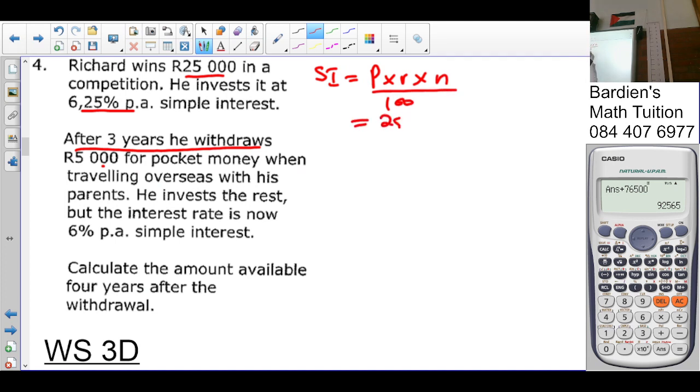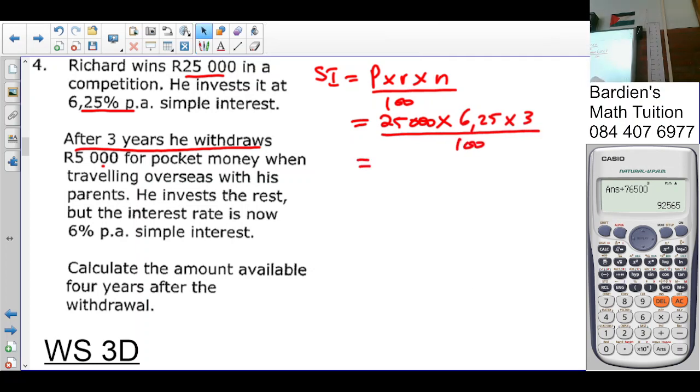So it's going to be 25,000 multiplied by 6.25 multiplied by 3, over 100. That gives you 4,687.5.